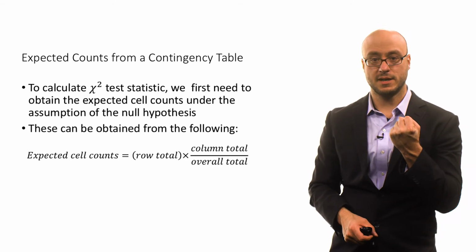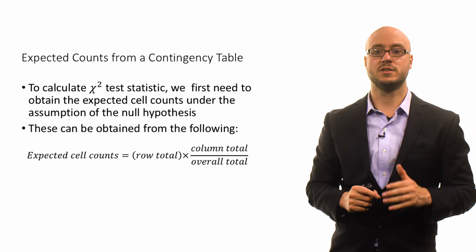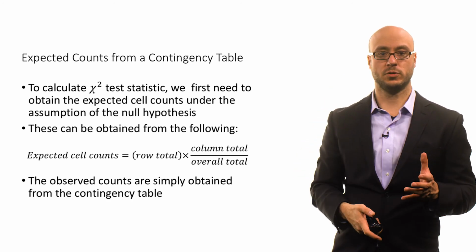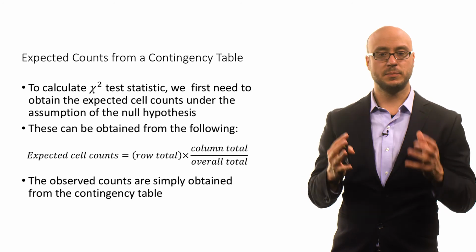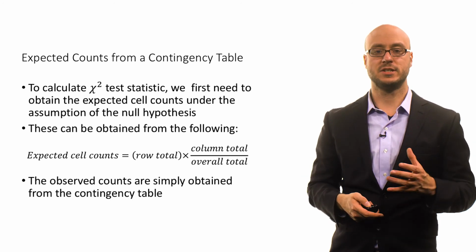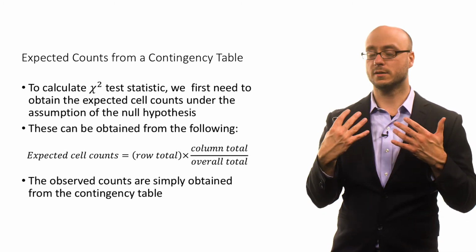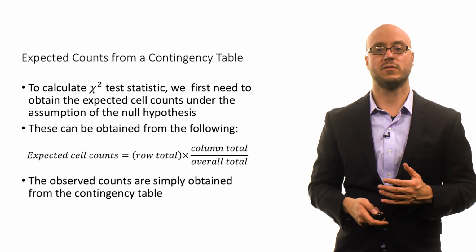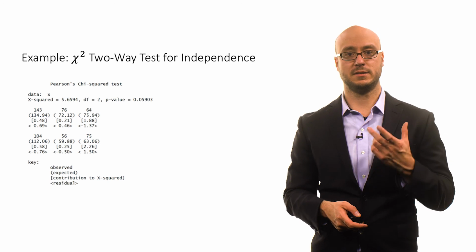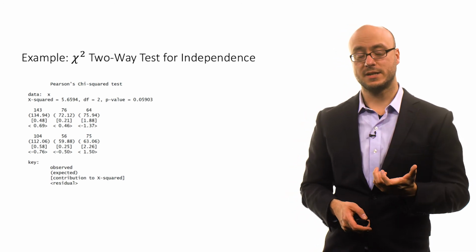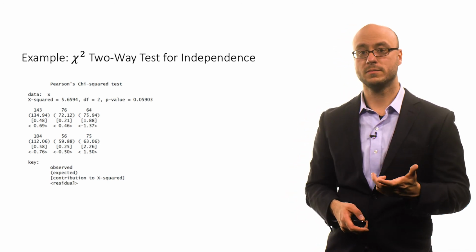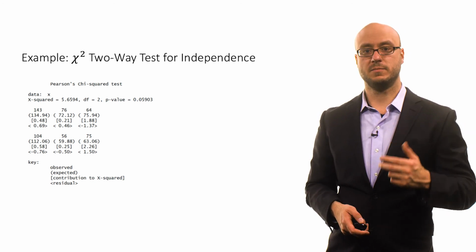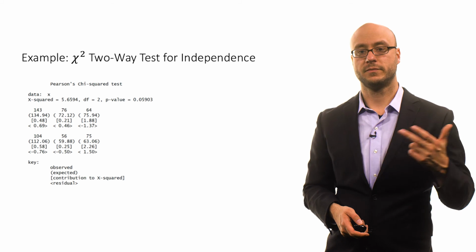The expected cell counts are the row total of the contingency table times the column total, divided by the overall total. This is simply obtained from a contingency table. The chi-square test statistic itself has the same form: the expected counts minus the observed counts squared, divided by the expected counts, summed up for each of those cells.